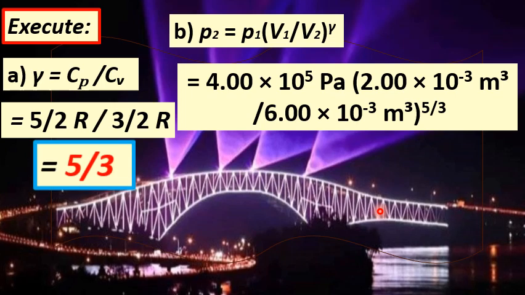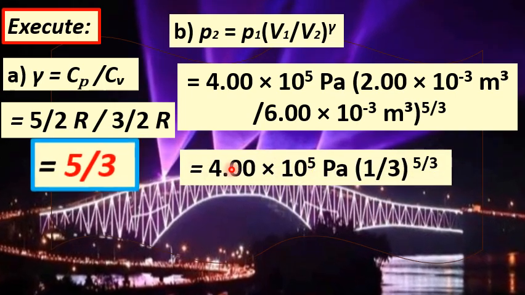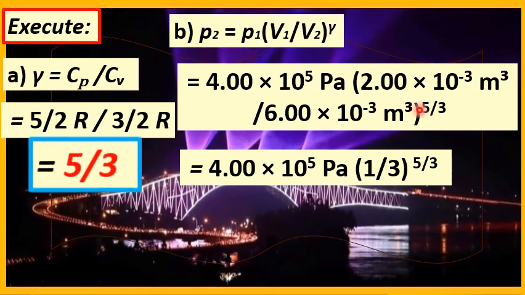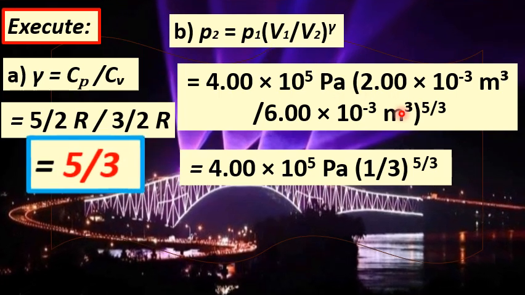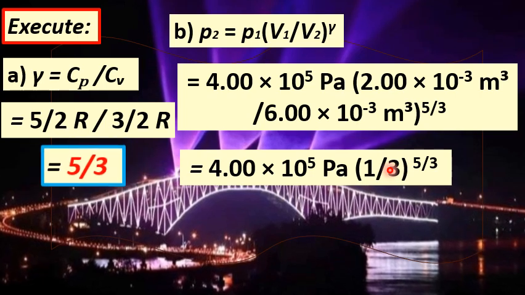So doing our math, we first get the result of dividing V sub 1 by V sub 2, and that comes out as 1/3.